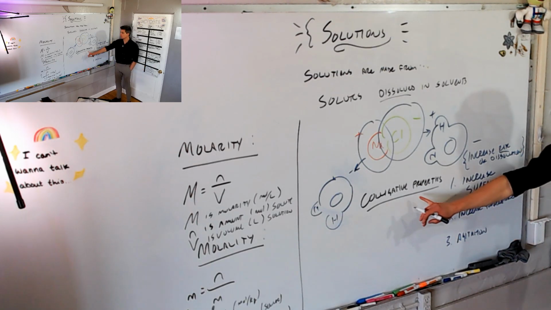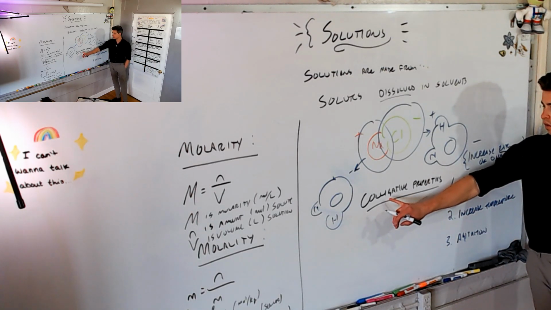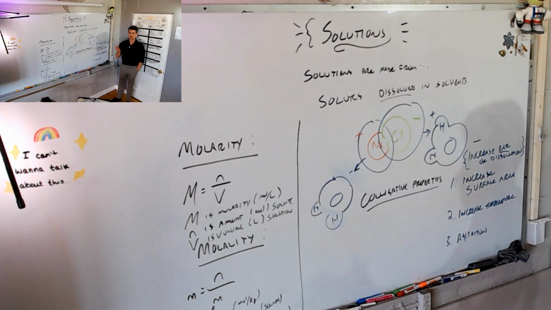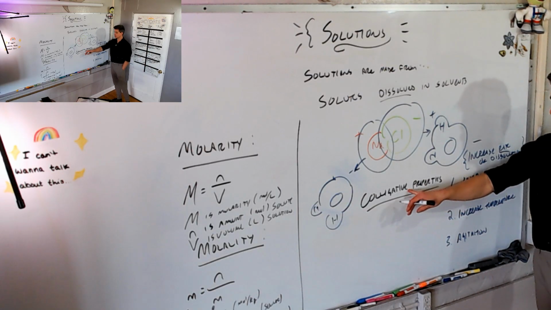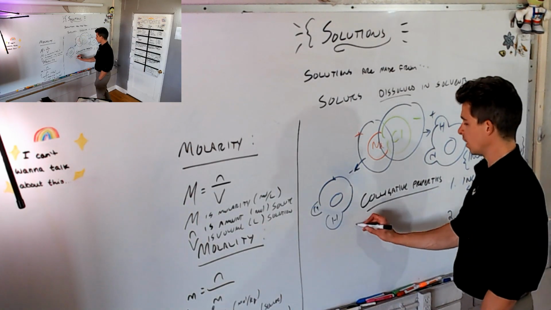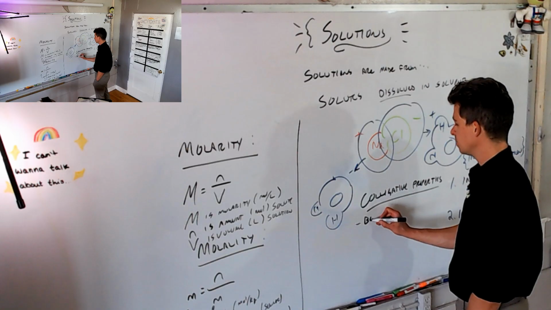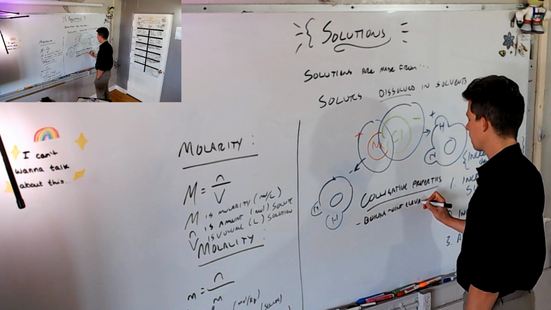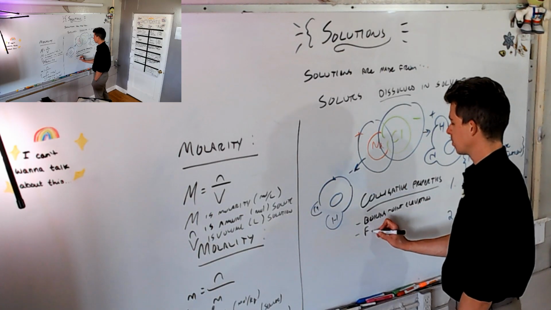And by that it means that they vary based on how much stuff there is, but not the kind of stuff. It's not different properties whether it's sodium chloride or calcium chloride or potassium chloride, but it is different by how much stuff there is, period. And the colligative properties are boiling point elevation and freezing point depression.